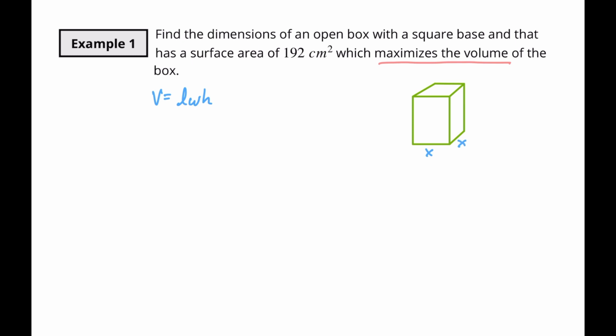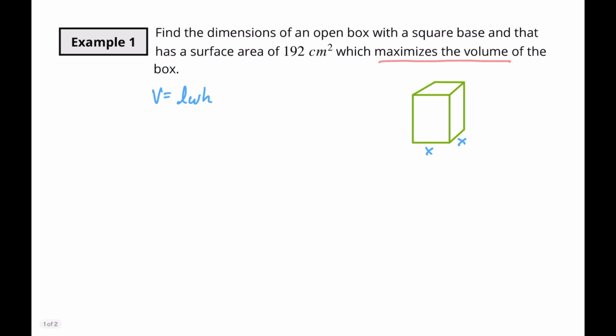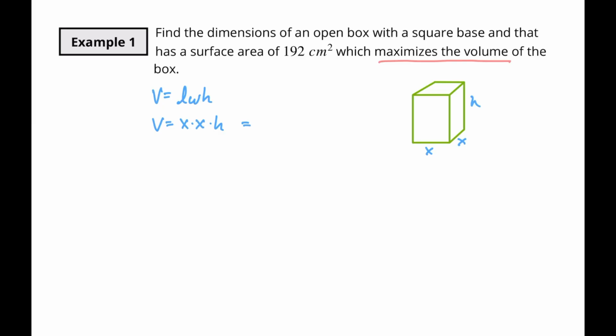We can call those x, we can call those L, we can call them whatever we want. And we also know our third value is going to be a height. So in this case, our length and our width are the same, and then we multiply by the height. That's going to give us the constraints of the box. By not having a different length and width, we've gotten it down to the x and the h. So that will be x squared times h.